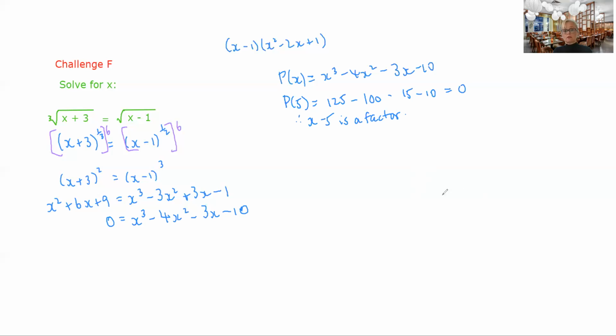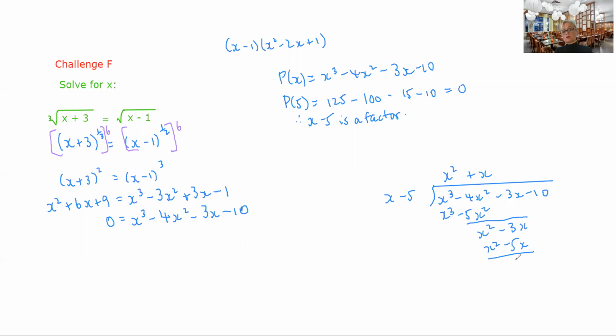So we're going to get our cubic here, x cubed minus 4x squared minus 3x minus 10, and we're dividing that by x minus 5, leading term divided by leading term, do our subtraction. So we get plus x squared minus 5x, and we get 2x minus 10 plus 2.